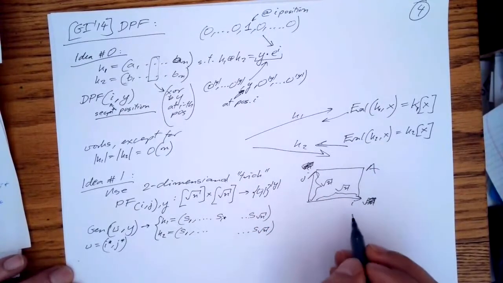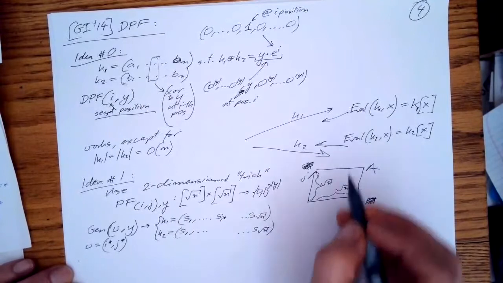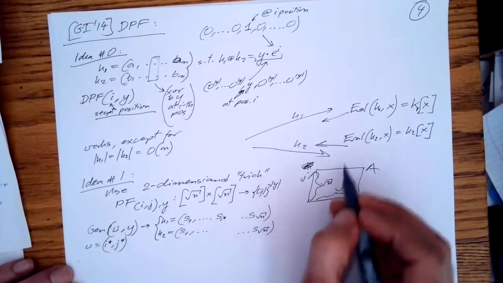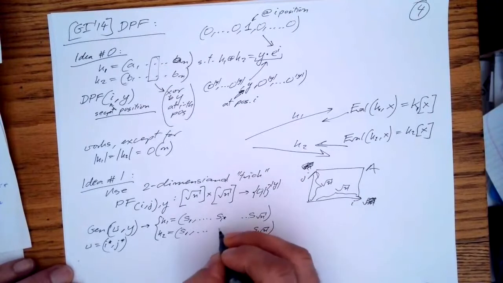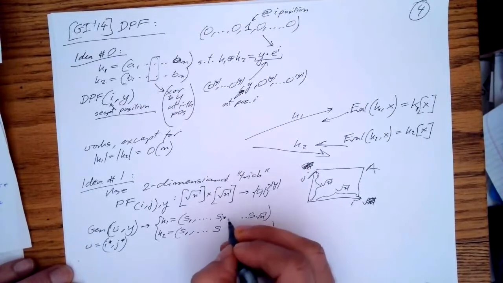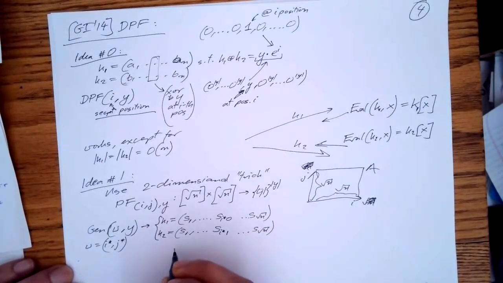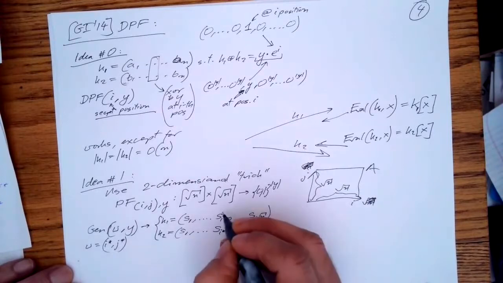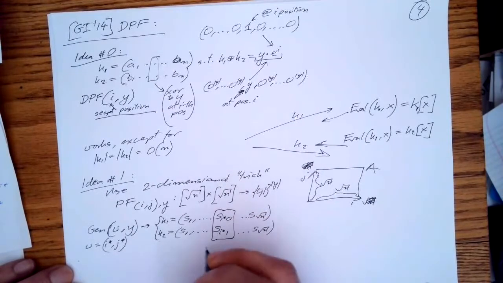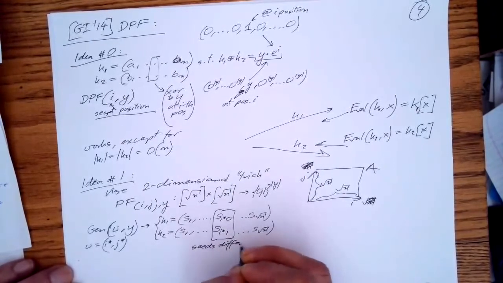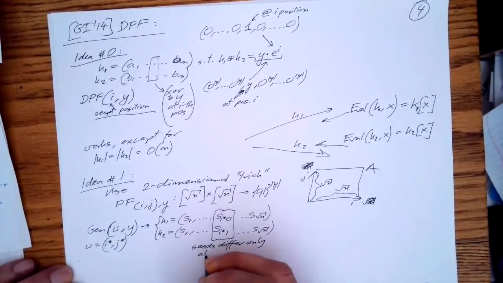I will keep on using this notation where I will be the column and J will be the row, where the I star seed in key K1 and the I star seed in key K2 will differ. So seeds differ only at position I star.